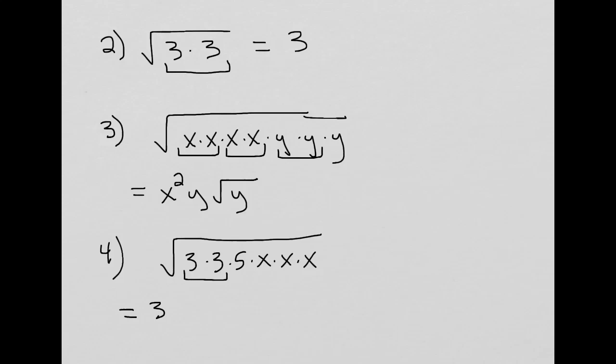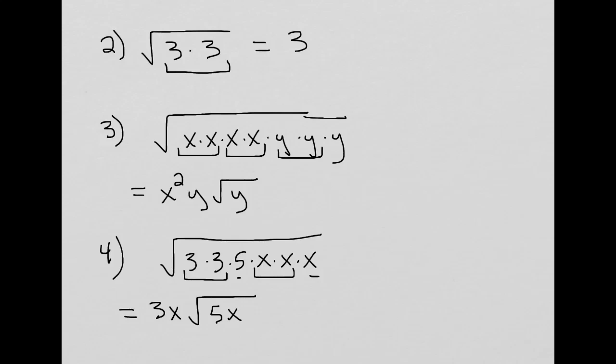When we look at our x's, well, notice I can make a group of 2, and then I've got 1 x left over. So with my group of 2 x's, I can pull 1 x out, and then I still have stuff left underneath my square root, and that stuff in this case is going to be this 5 here and this x here. So I'm going to be left with a 5x underneath my square root.